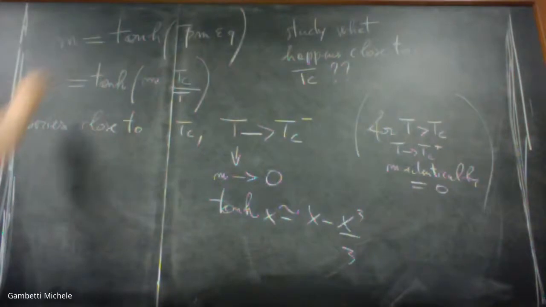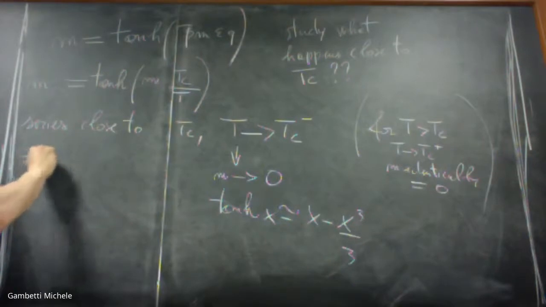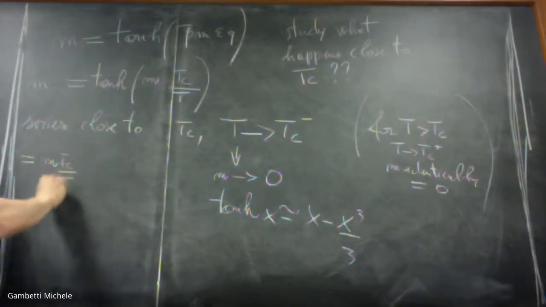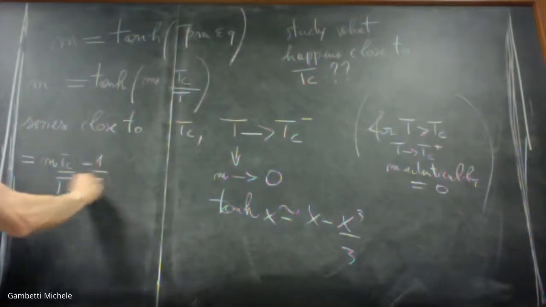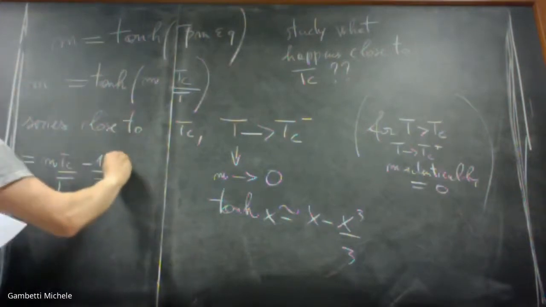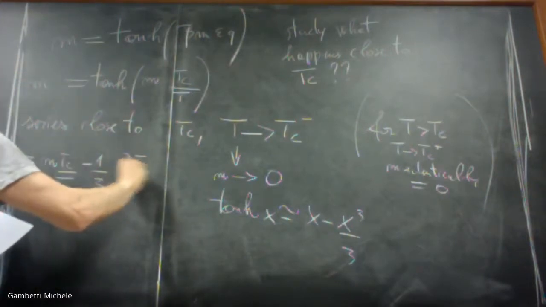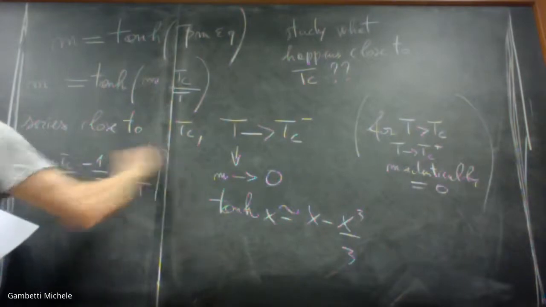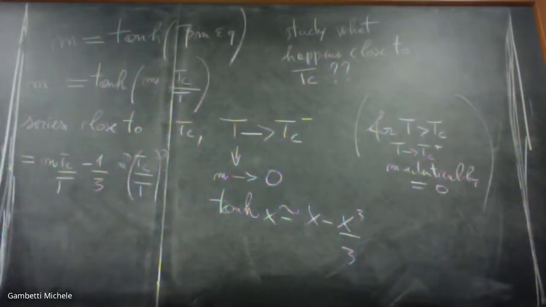And so I can write basically this quantity here. So it's m Tc divided by T, minus 1/3, and then the same quantity, so m cubed, Tc divided by T cubed. Okay?